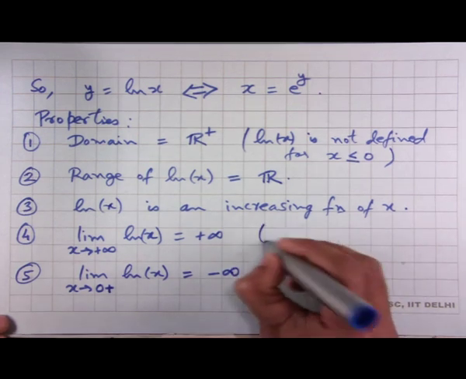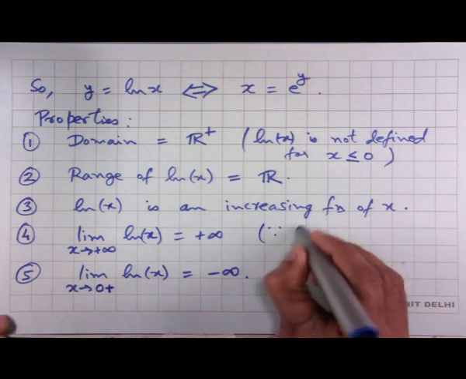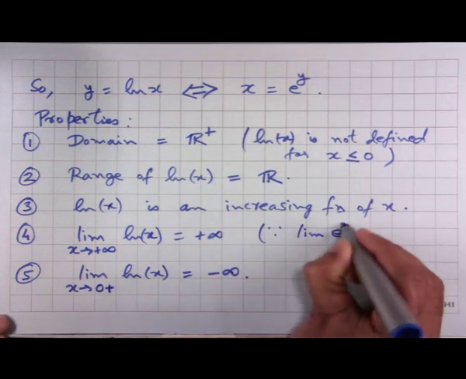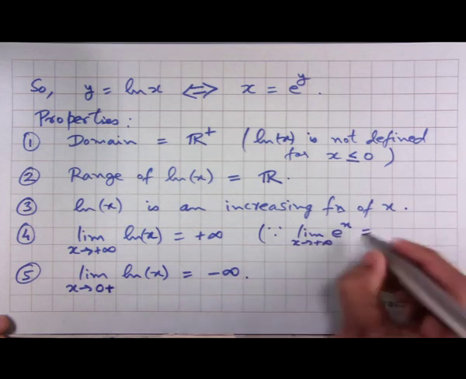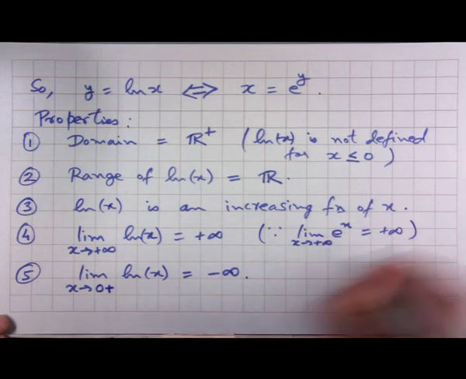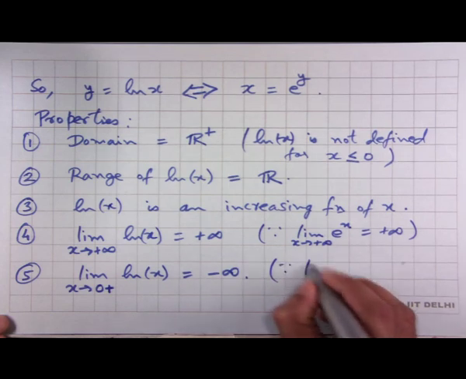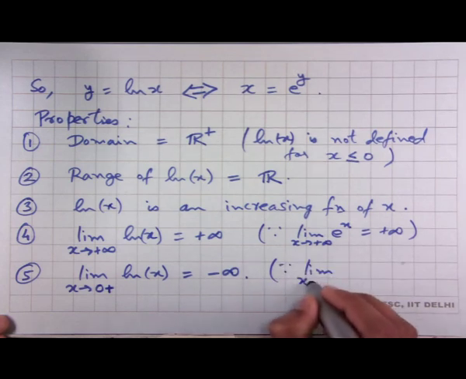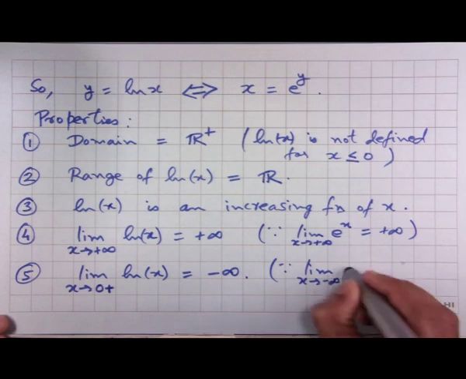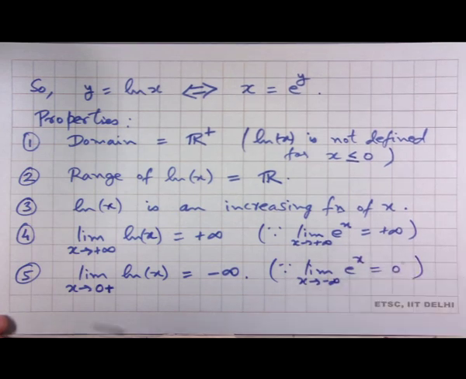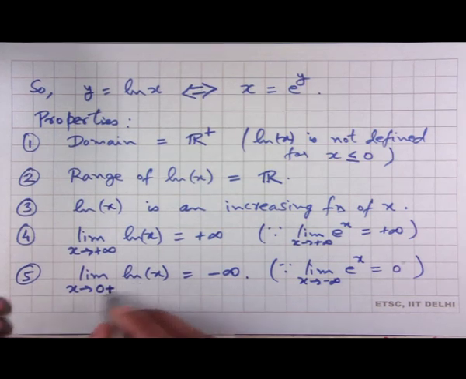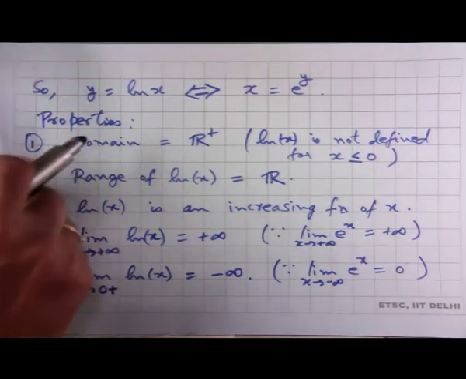This is because the limit of e to the x as x approaches positive infinity is positive infinity, and the limit as x approaches negative infinity of e to the x is equal to 0. Therefore, the limit as x approaches 0 from the positive side of ln x is negative infinity.